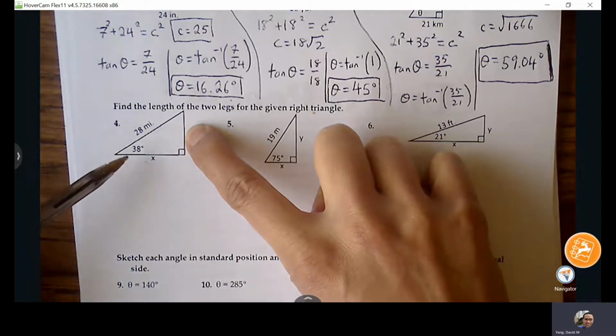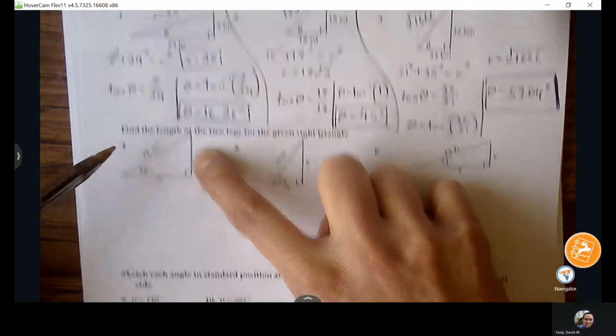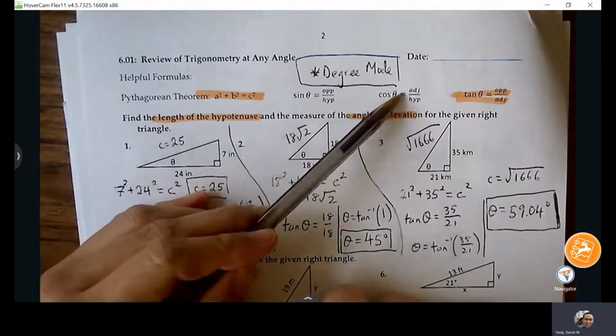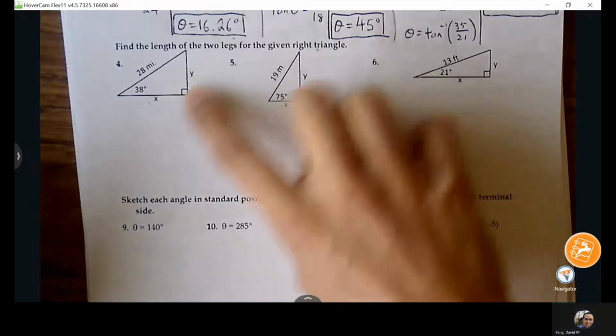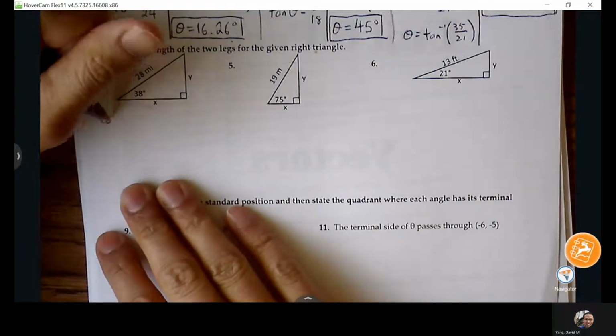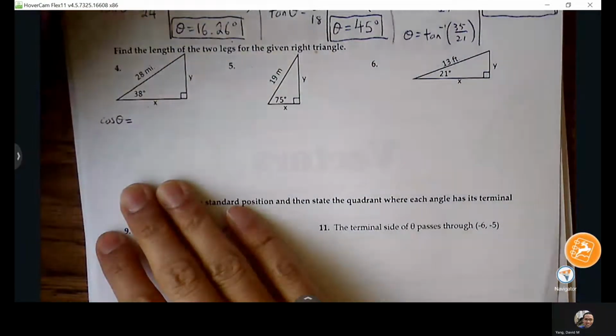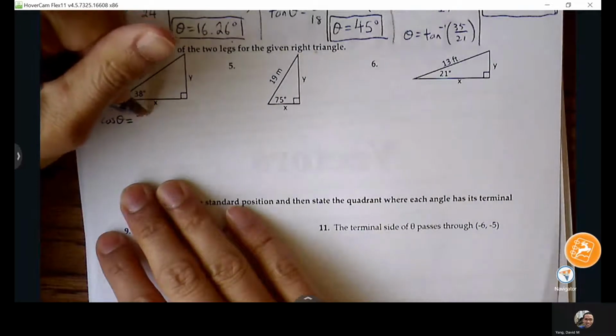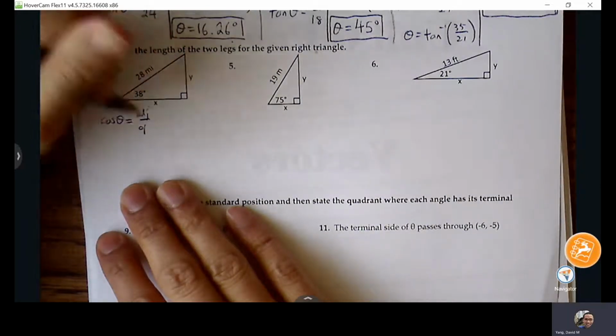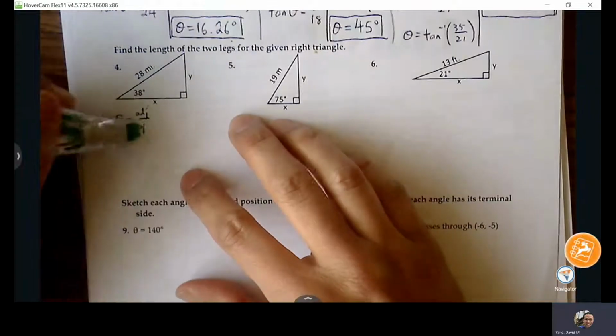Cosine. All right, so if I can do cosine, cosine of theta is equal to adjacent over hypotenuse.